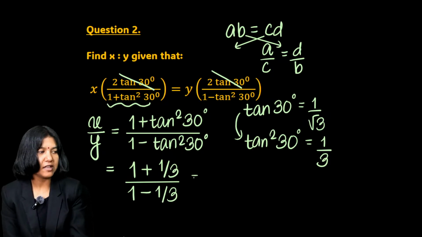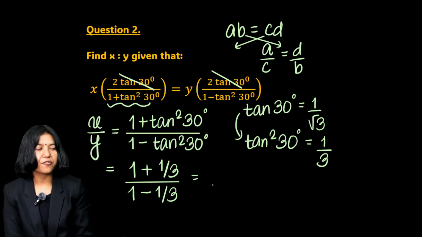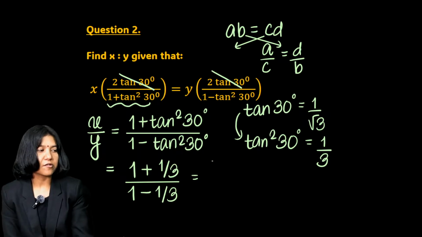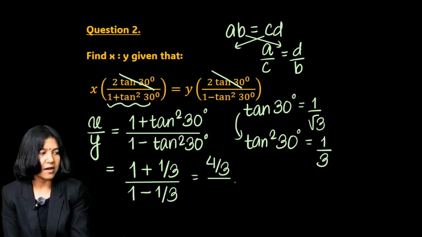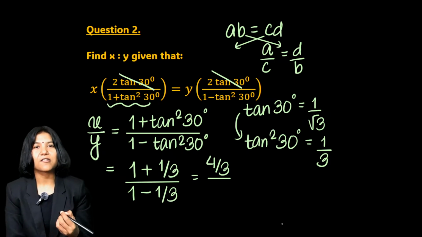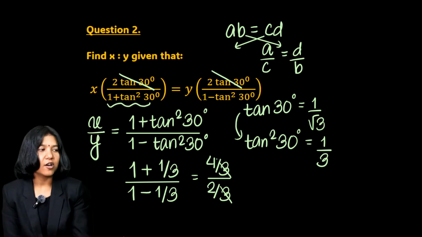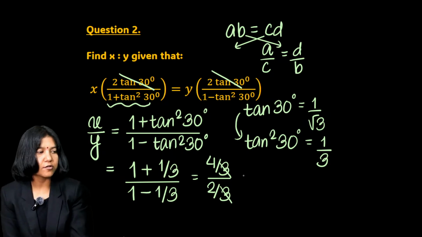It has to be an improper fraction because this 1 becomes 3 upon 3. So 3 plus 1 is 4, it becomes 4 upon 3, divided by 1 minus 1/3, which is simply 2/3. Now my denominators are again the same, so get rid of them. All you have to do is divide 4 by 2, and the answer is 2.